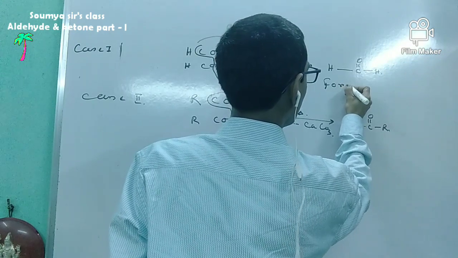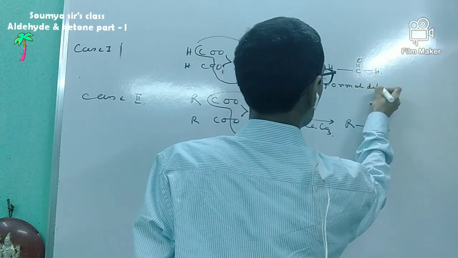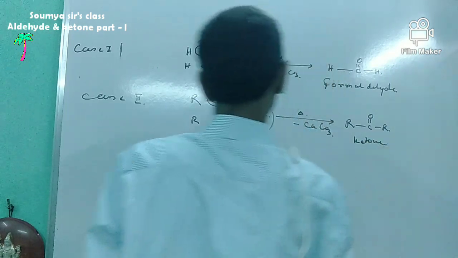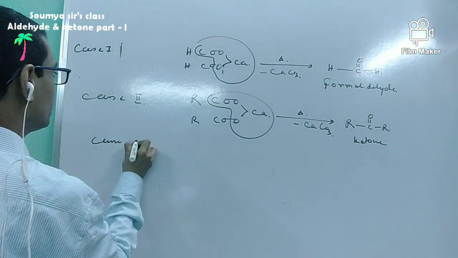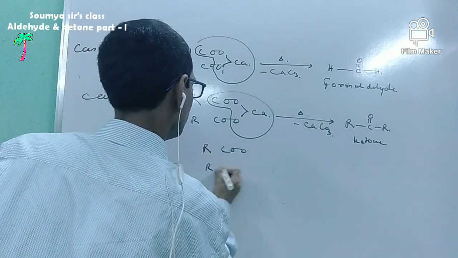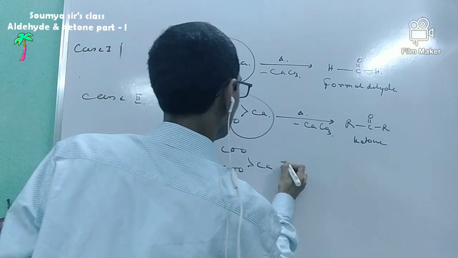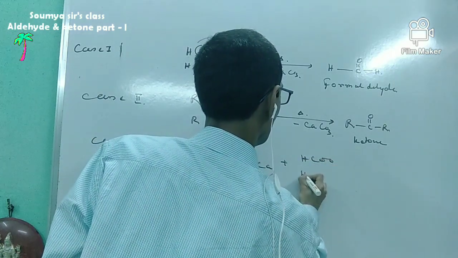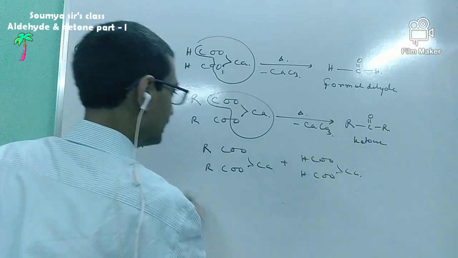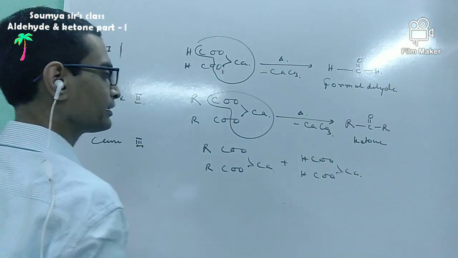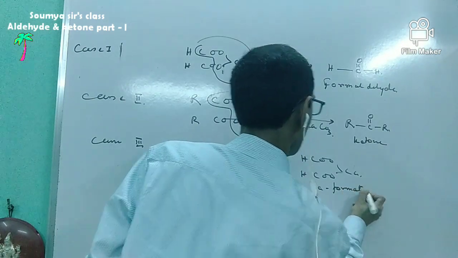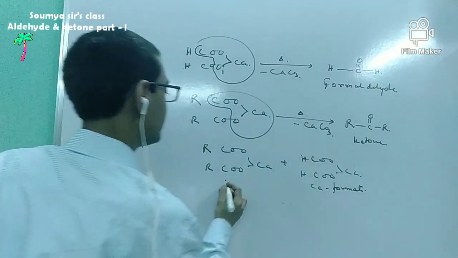The third one, rule number 3, is if there is (RCOO)2Ca with (HCOO)2Ca, that means the mixture of calcium carboxylate and calcium formate. This is calcium formate, and this is any kind of saturated calcium salt of fatty acid, that is calcium carboxylate.